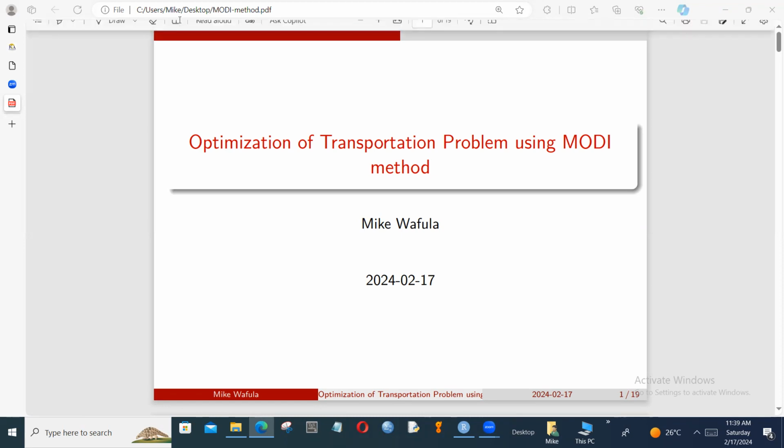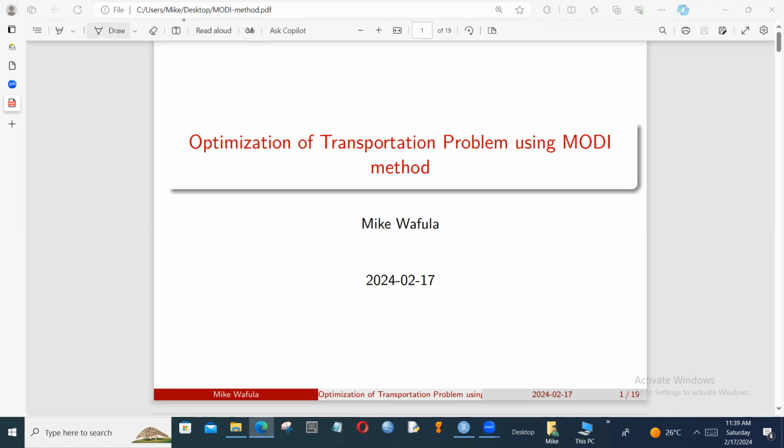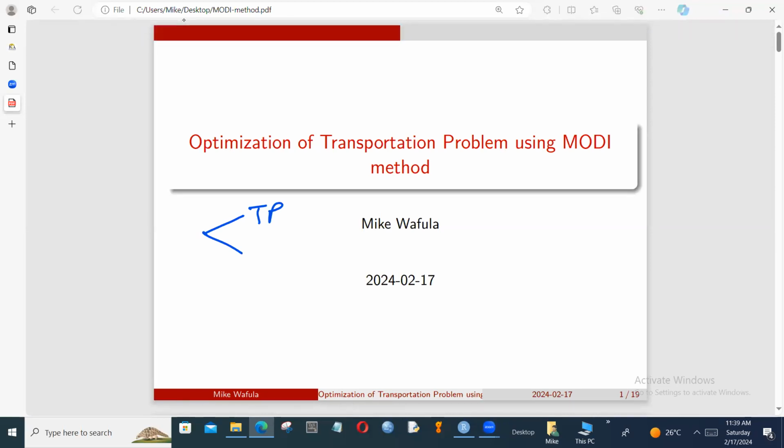In our introduction to transportation problem, if you recall, we introduced the concept of transportation problem, and we mentioned that this is just one special kind of linear programming technique that is concerned with the optimization of cost.